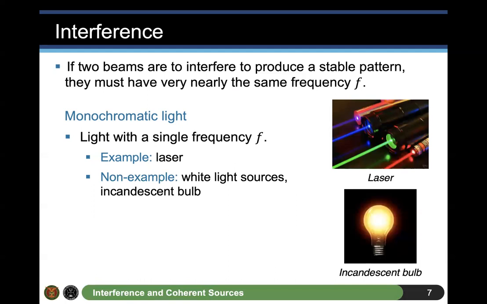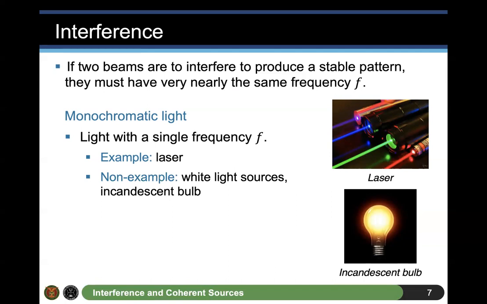Some examples of non-monochromatic light are white light sources and an incandescent bulb. So even though an incandescent bulb looks yellowish, at its center, the main source of the light, it is white. Okay? So since white is composed of all the colors, all colors are present, then it is not monochromatic.